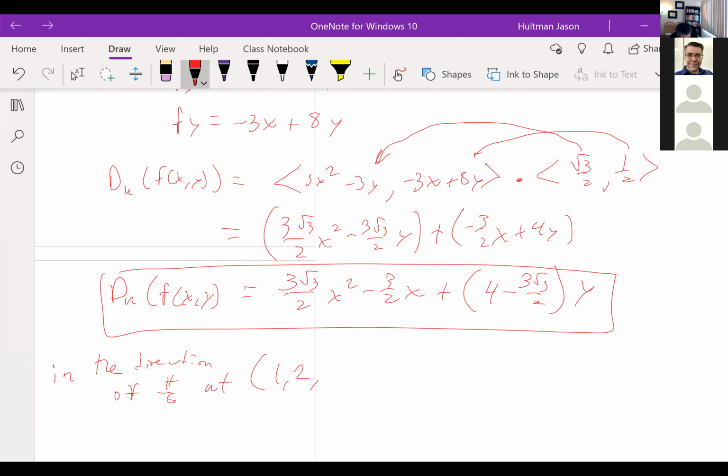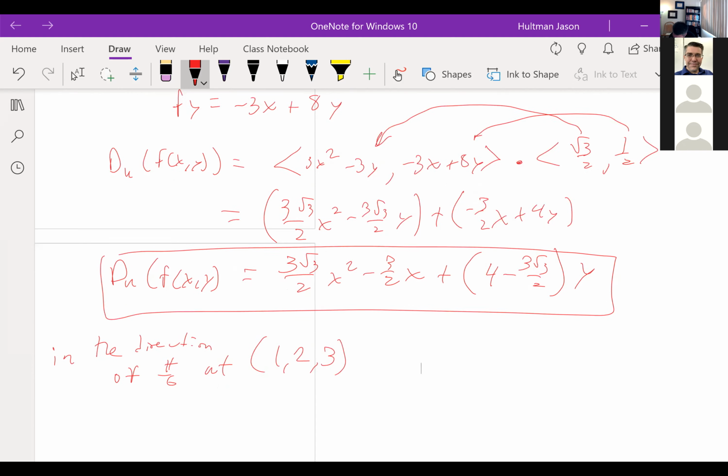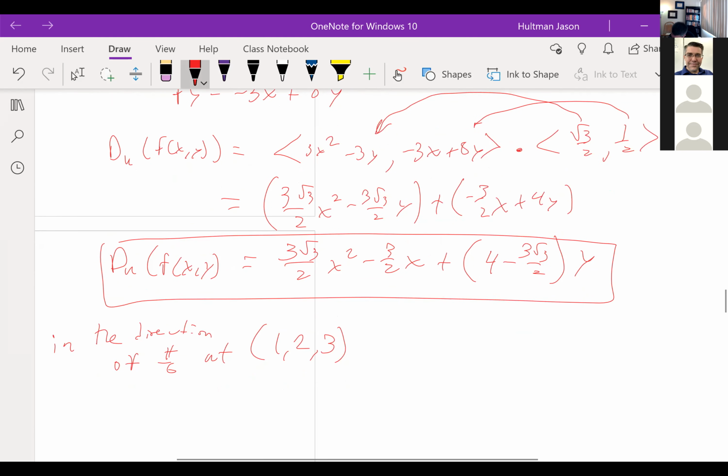I don't even know if I want to calculate that, but let's see what it is. At 1, 2, that's 1 minus 6 plus 8. That's 3, I think. So this is 1, 2, 3. Okay, at the point 1, 2, 3, so we have some sort of surface. I don't know what it is.